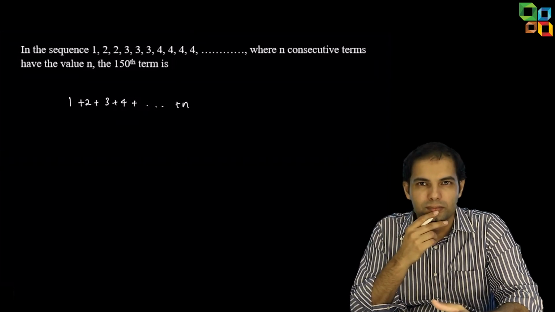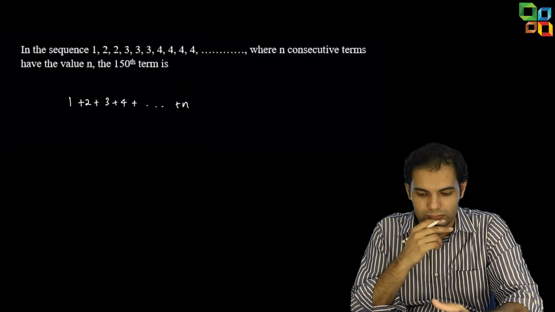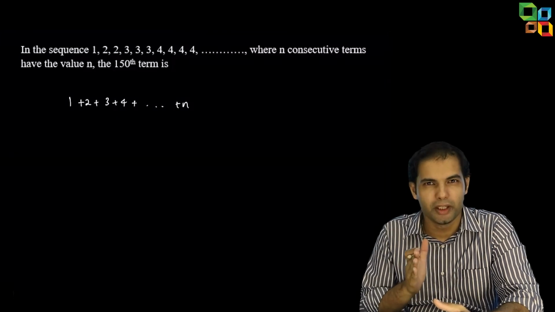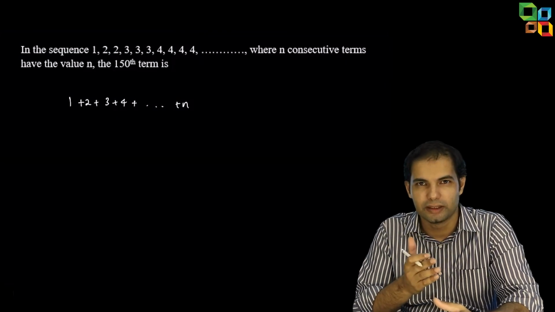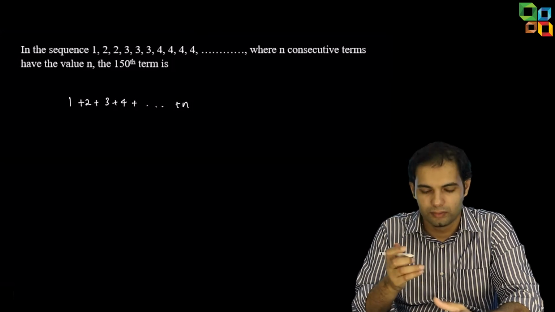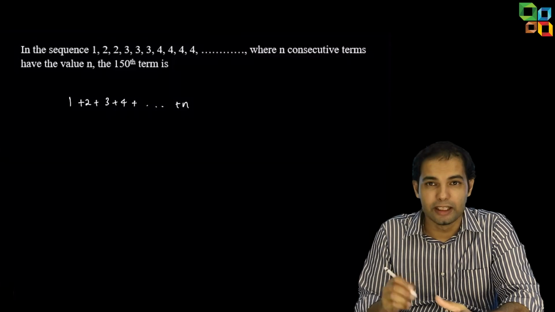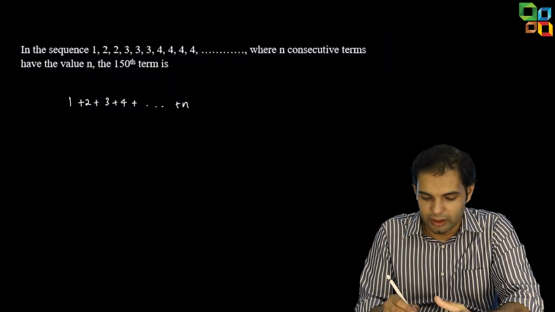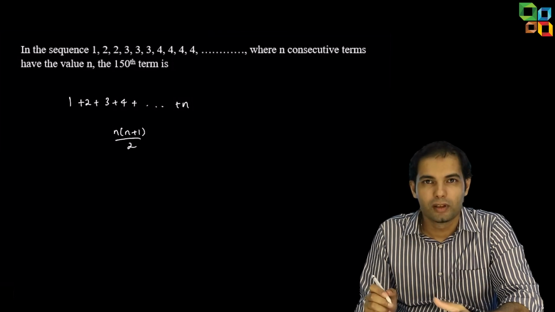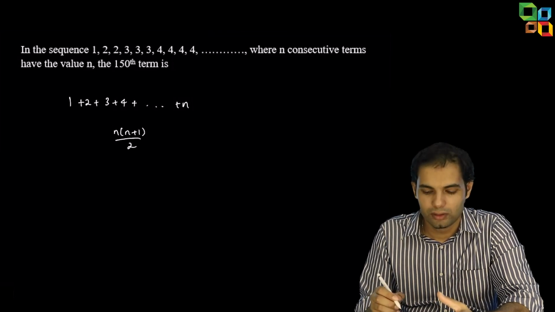Then I took the sum of first 10 terms. Okay, we stop here and we take the sum of first 10 terms. That's what you're saying? Yeah. Sum of first n terms. I assume it's 10. Okay, so the sum of n terms is n into n plus 1 by 2, equals 150.